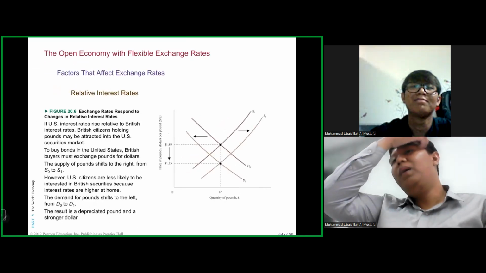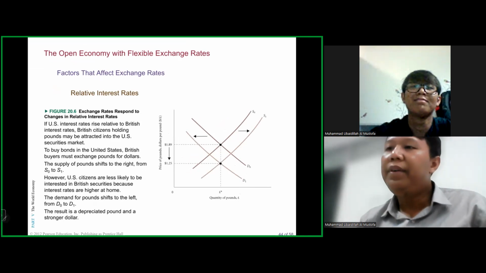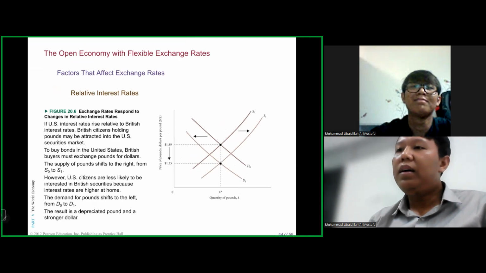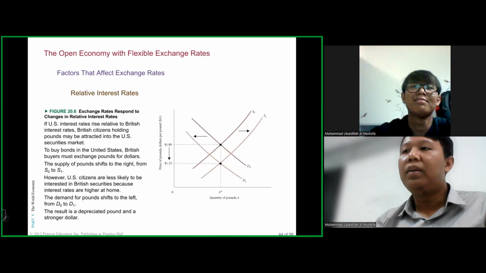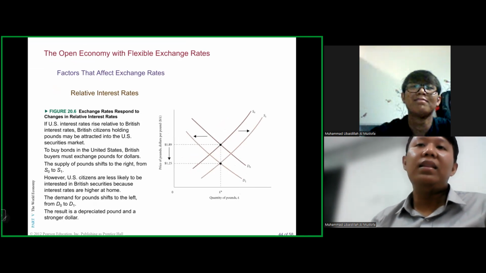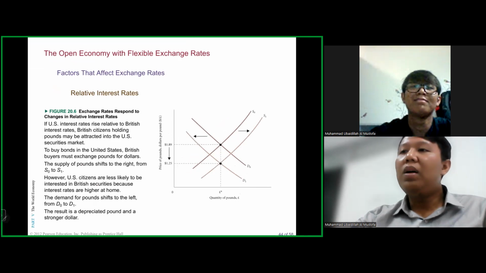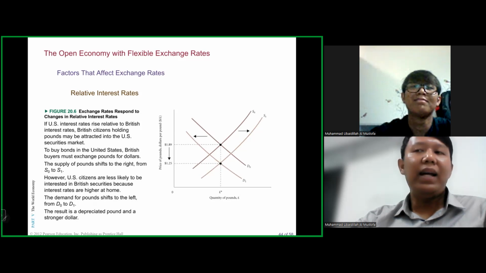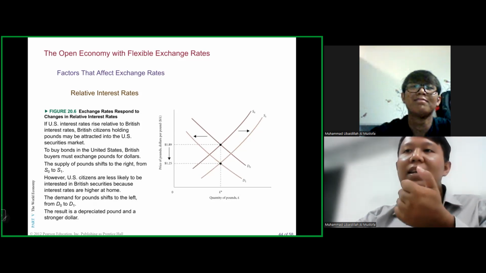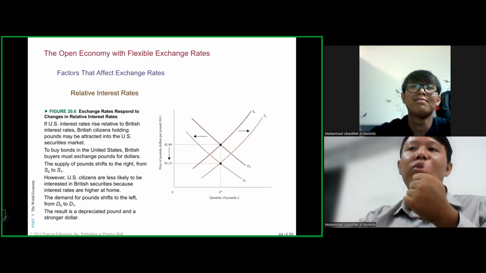Another example: what happens if we have an increase in interest rate, and our increase is higher than that in Britain, for example? The British citizens holding pounds may be attracted into the US security markets, because the increase in interest rate will attract investors from Britain to invest in our security market.